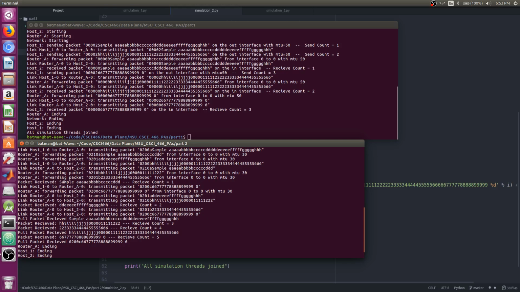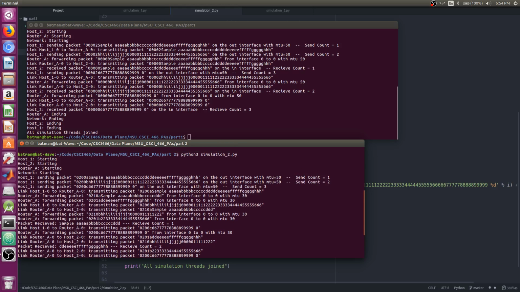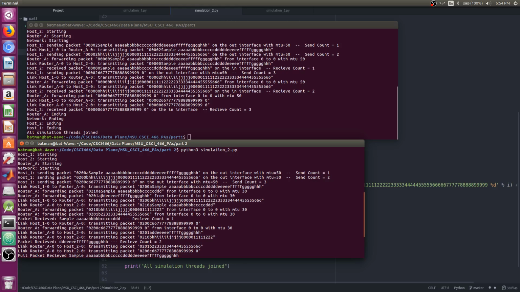So you can see, the sample packet is originally 50 characters long right here, but then when it forwards it, it only forwards the first 30 characters, and then it forwards the next 30 characters right after it.